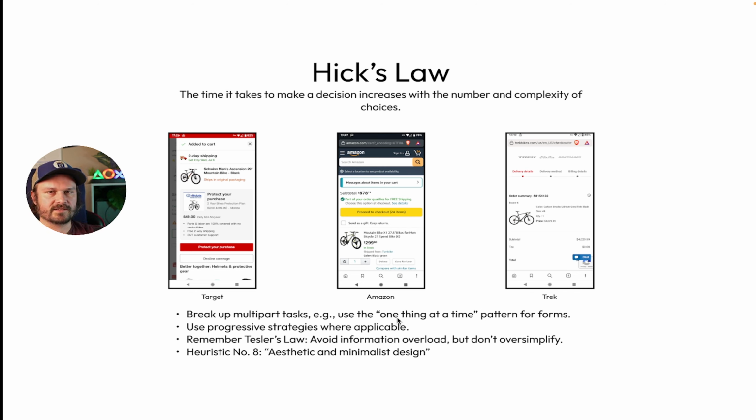What that means is only presenting the user with as much information as is necessary for that particular screen, or for that portion of a particular task, not giving them so much information that it's overwhelming.